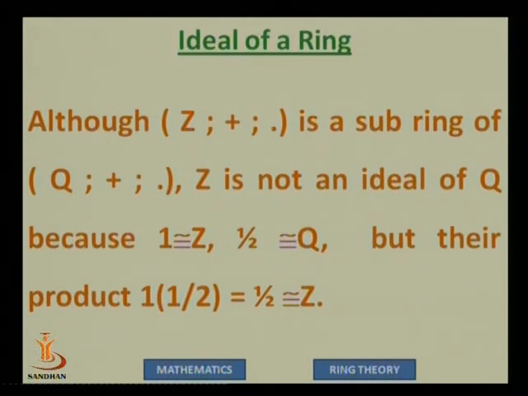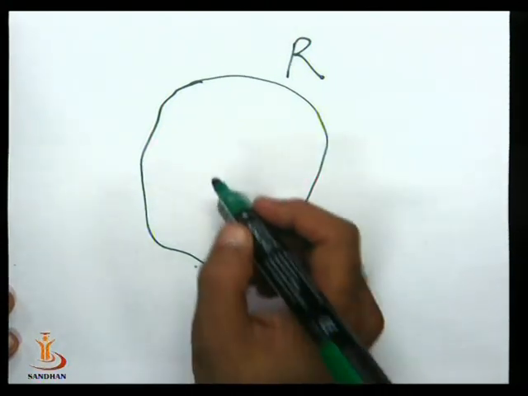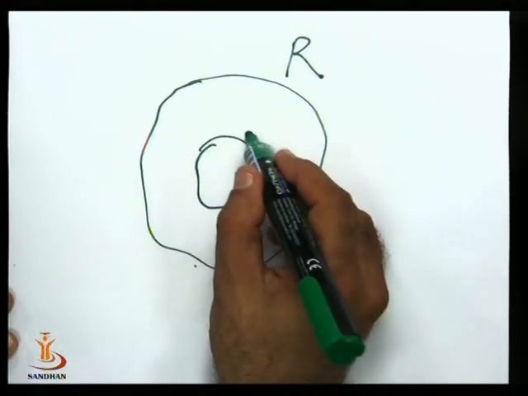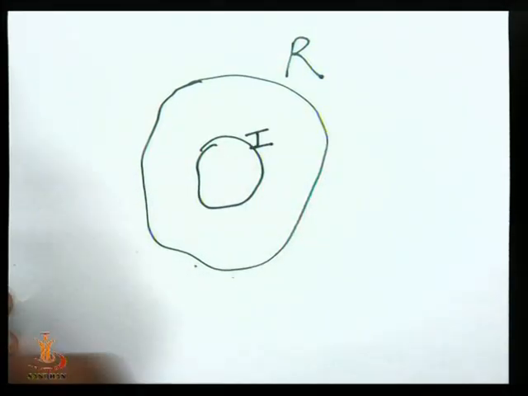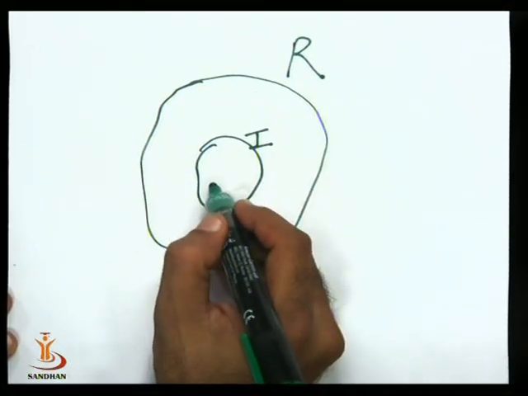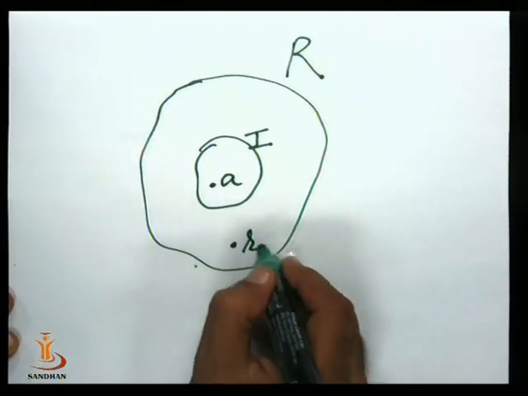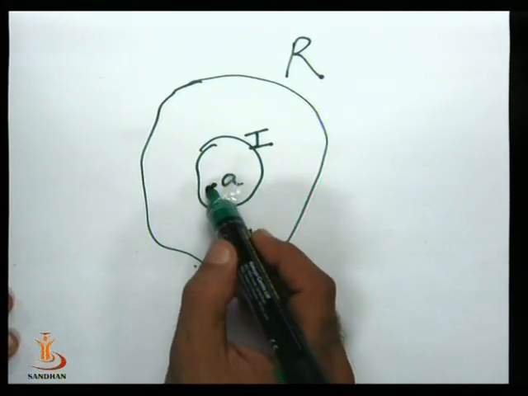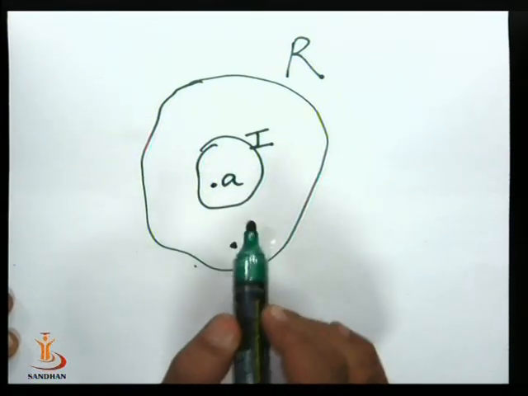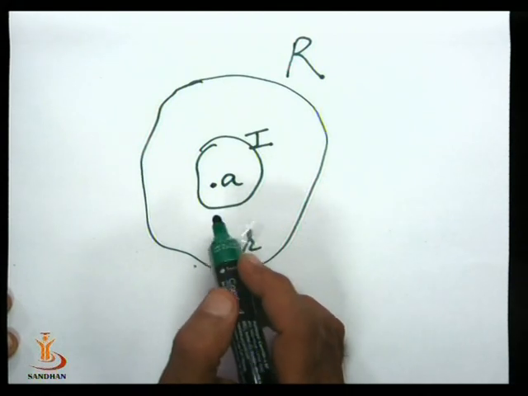Suppose we have a ring R, and we have a non-empty subset, say I. Then first of all, this I should be a subring of R. Suppose we take any element A here, we take any element R outside, then this inside element into outside element should be inside, and of course vice versa, R into A also should be inside, then I is an ideal.